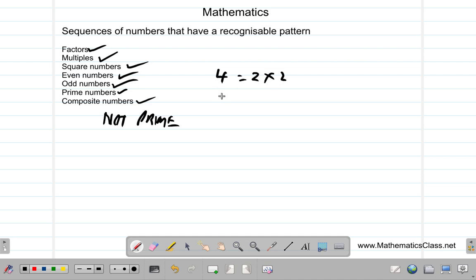That is a composite number. 6 is composed of 3 and 2 multiplied, a composite number. 8 is composed of 2, 2 and 2 multiplied, the same as 4 by 2. So those are composite numbers, composed of more than one number multiplied together.